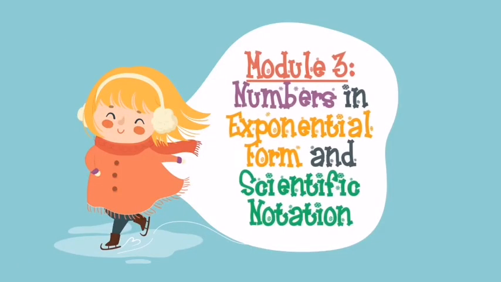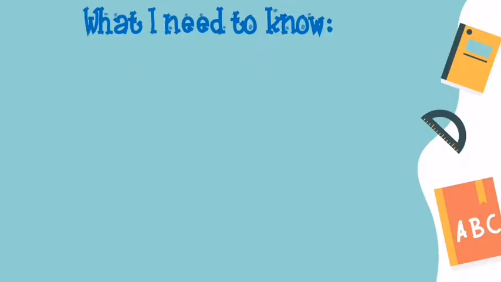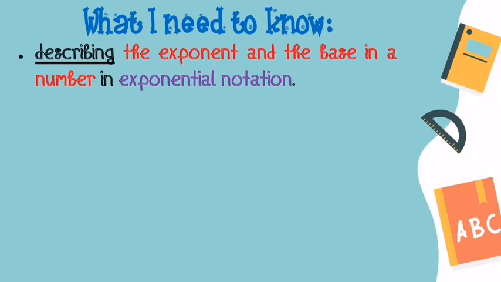Kindly open your Module 3 with the title Numbers in Exponential Form and Scientific Notation. In this lesson, you will learn how to describe the exponent and the base in a number in exponential notation.